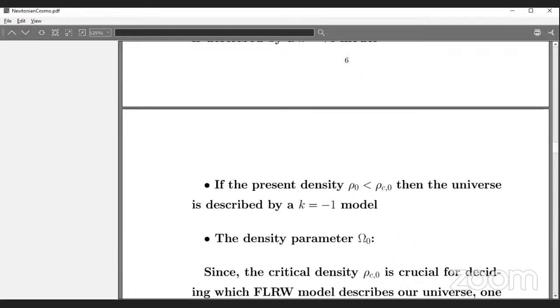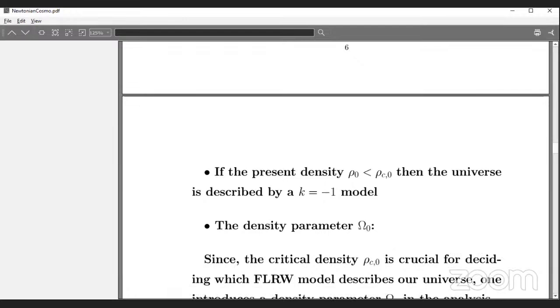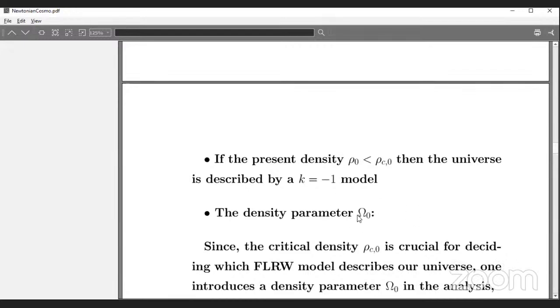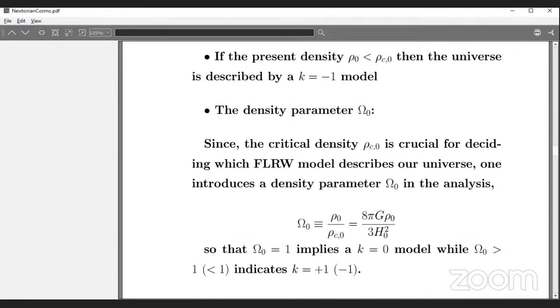Similarly, there is another parameter which cosmologists often deploy for the same purpose, and it is called the density parameter omega 0. The total density parameter omega 0 is defined to be the total mass density today divided by the critical density today.